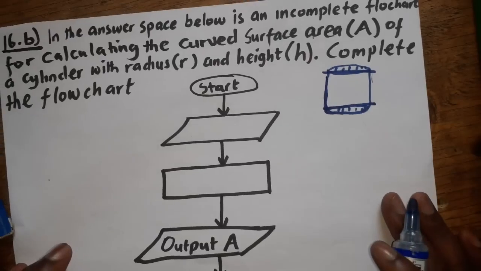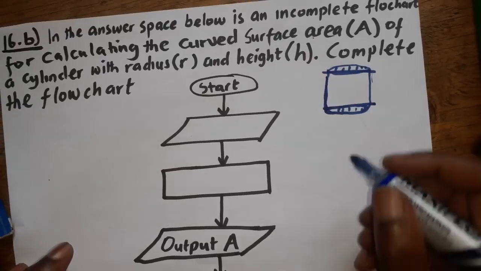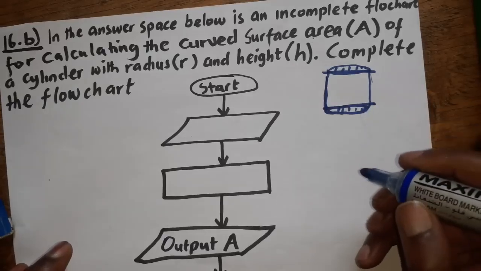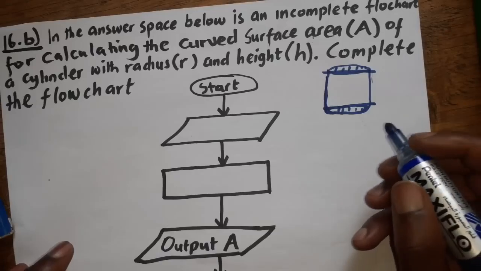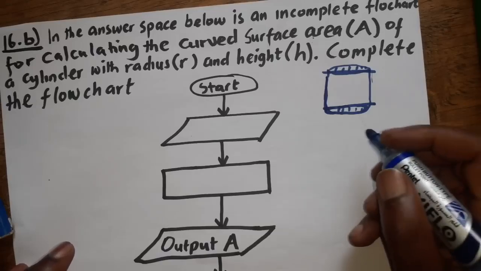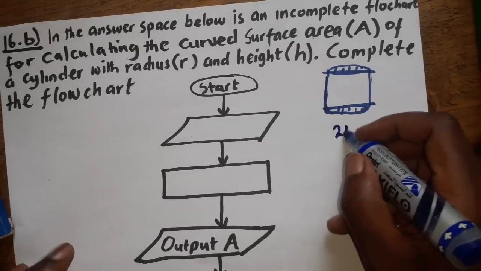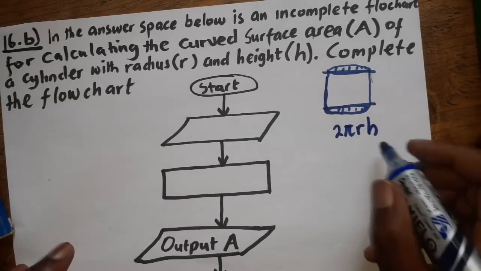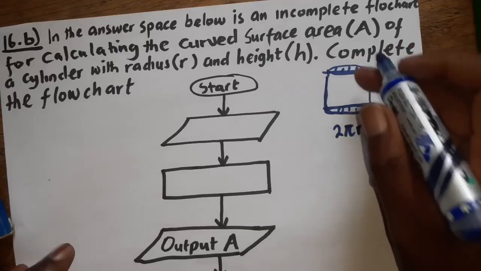So what is the formula now? You need to know it. Unfortunately, these formulas are prominently taught in grade 8 and 9. So the formula is for the curved surface area minus the two ends.